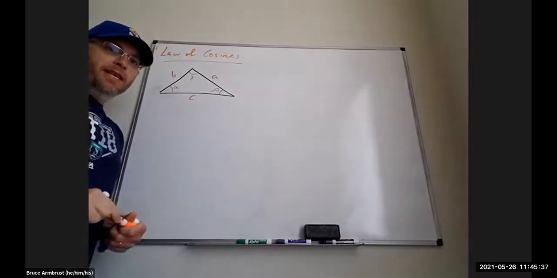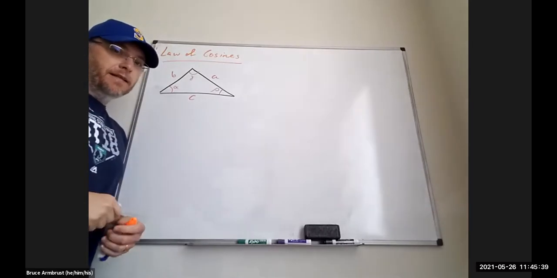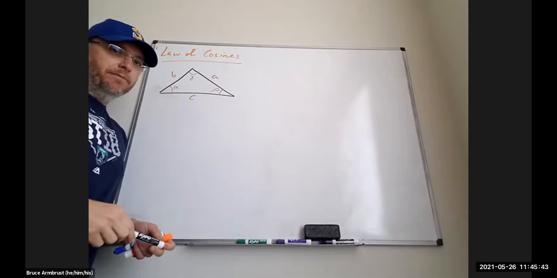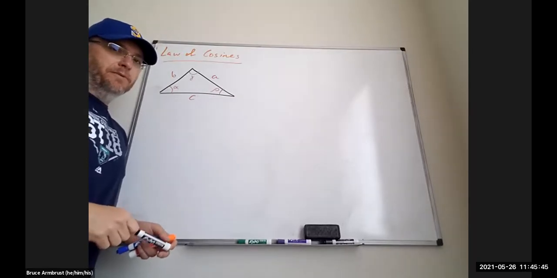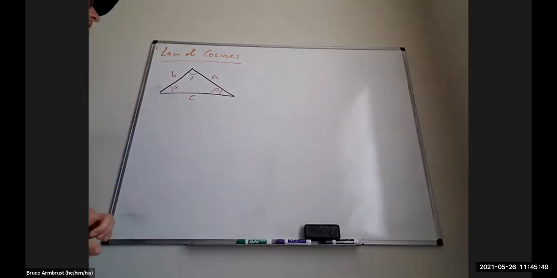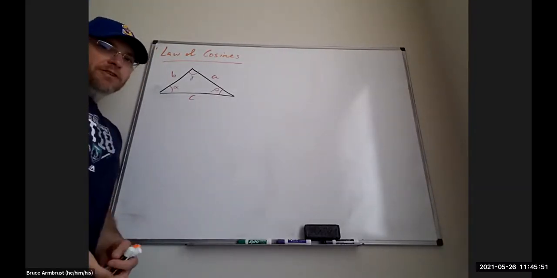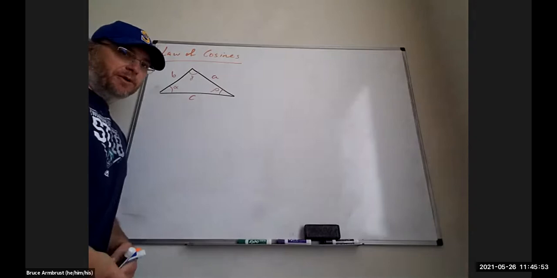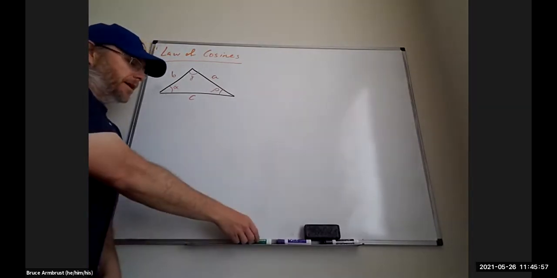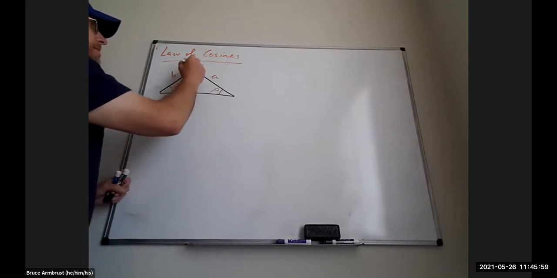Remember, I always go with the English alphabet letter opposite the Greek alphabet letter of the same type. So A goes with alpha, B goes with beta, and C goes with gamma as opposite pairs. All right, so we're actually going to do something very similar to what we did last time when we built the law of sines. We're going to start by dropping in a perpendicular here.